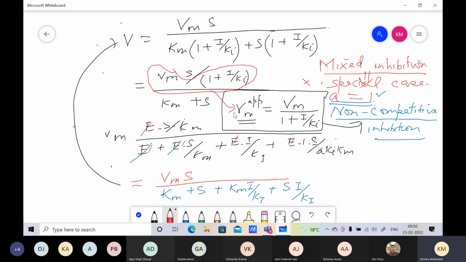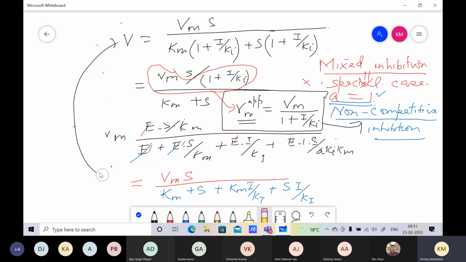Uncompetitive is when the inhibitor binds only to the enzyme substrate complex. Sorry, I should have drawn it better. Actually, I made a mistake. In the non-competitive case, let me draw it.